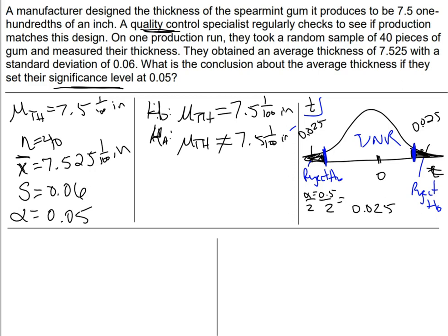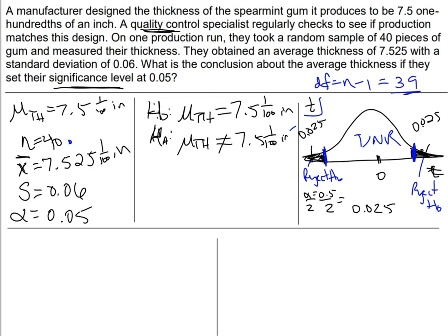Okay, so what else do we need to know? We need to know the probability to the left of that point, and we also need to know the number of observations that we have, because that's related to the degrees of freedom with a t-distribution. If you recall, what we need to find out is what's the value of a t-distribution that has 0.025 probability to the left of this point, where the degrees of freedom, which is equal to n minus 1, is 39, right?